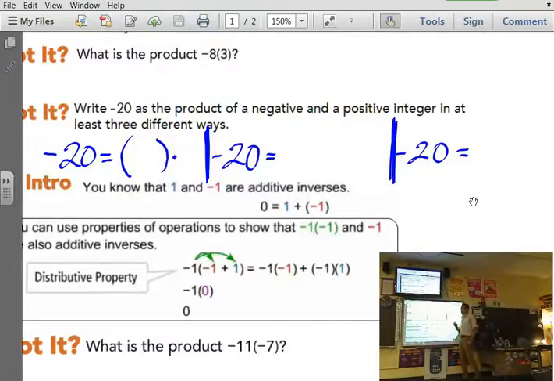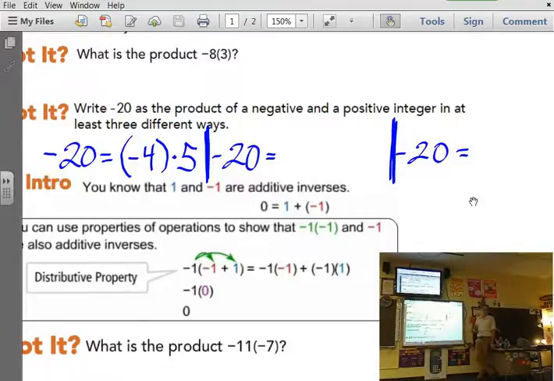So pick one factor of 20, numbers that can multiply into it, and let's make it negative. Do you want to choose 2 or 4 or 5 or 10 or 20 or 1? There are all those different factors. 4. So let's say negative 4. What would 4 need to multiply with to make 20? Since I've used the negative, I know this one will just be positive. 5, right? So negative 4 times 5, that's one of our possible products.